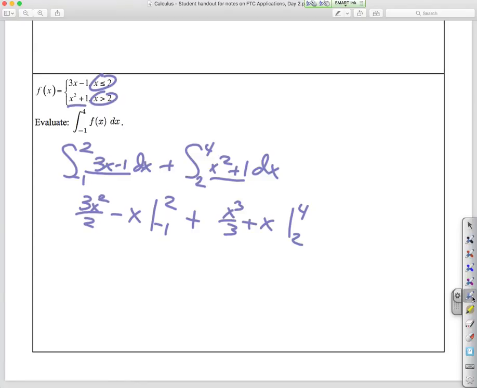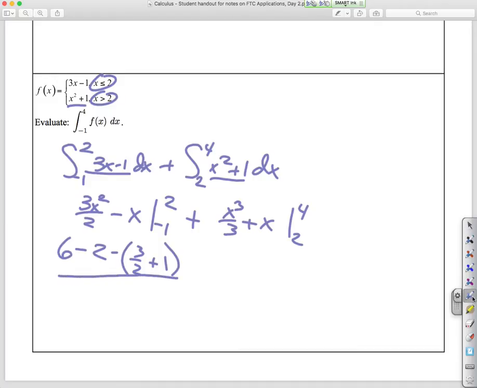Alright, on my first one, from -1 to 2, which one do we plug in first? 2. So 2 squared is 4, 4 divided by 2 is 2, 2 times 3 gives me 6, then I plug in -1. -1 squared is a positive 1, so this is 3 over 2. Plug in -1, that's going to make that a positive 1.